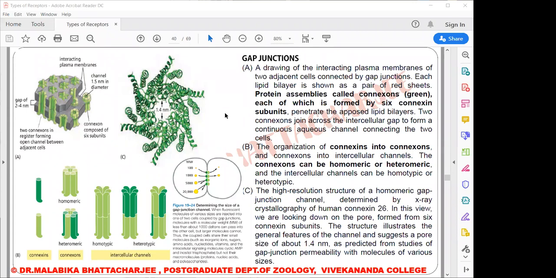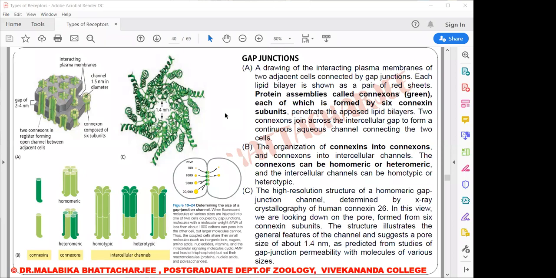If the intracellular calcium ion level increases, in most cases the permeability is reduced or abolished. So normally the gap stays, but if there is a sudden spurt in calcium level, the permeability is reduced or abolished. And I had said earlier also that the gap junctions of the adjacent cells line up to provide a continuous channel, the diameter of the channel being 1.5 to 2 nanometer.